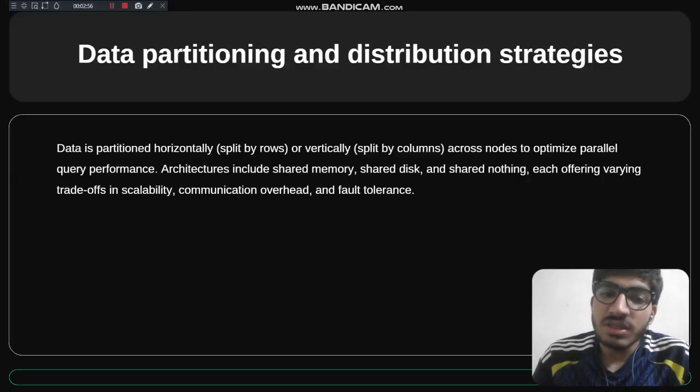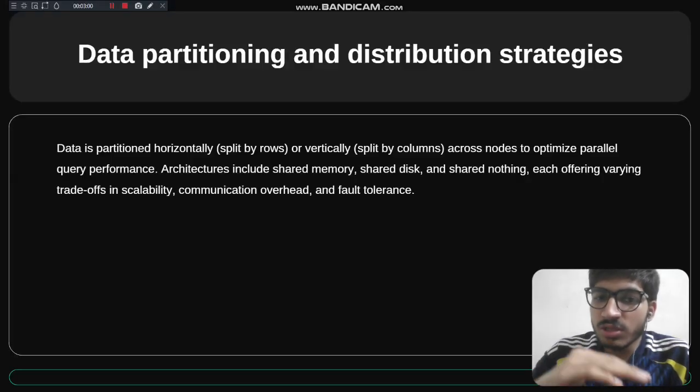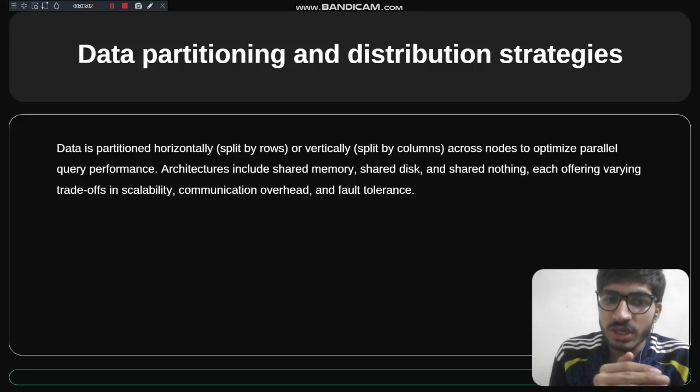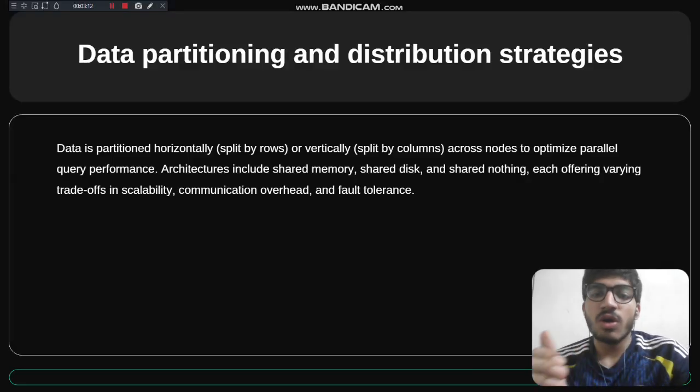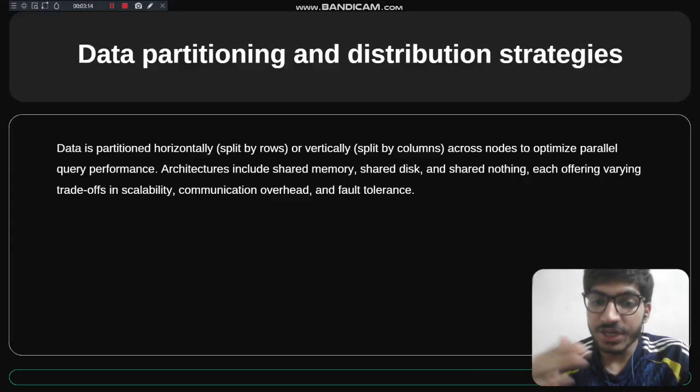Data partitioning is the process of splitting a large database table into multiple smaller fragments and storing each fragment on a separate processor in a parallel system. Each processor stores a subset of the data and performs tasks on it in parallel, which leads to faster query execution, efficient resource utilization, and better scalability.